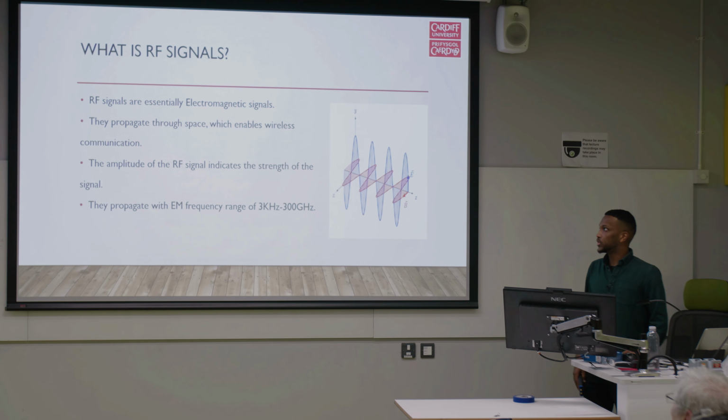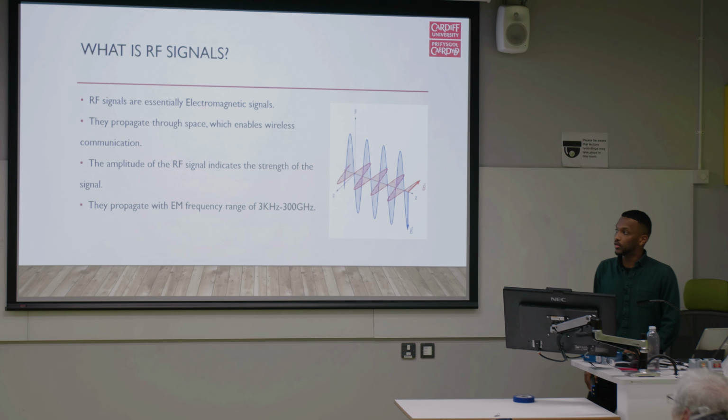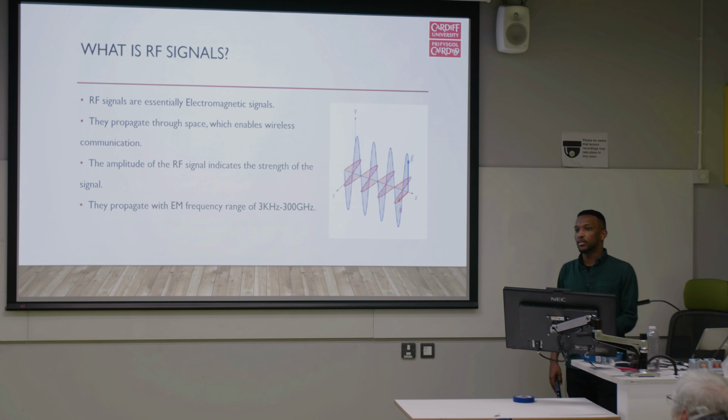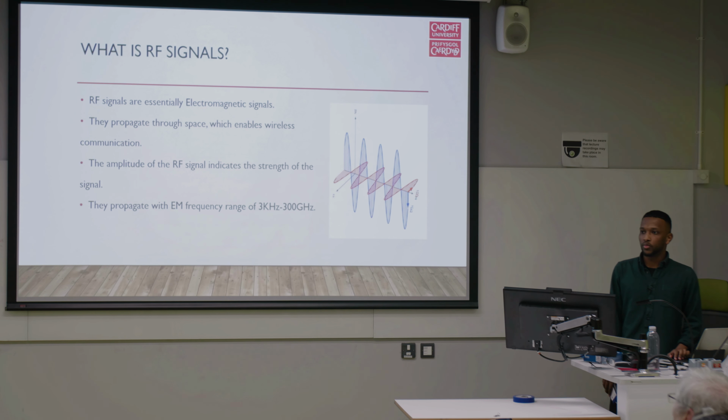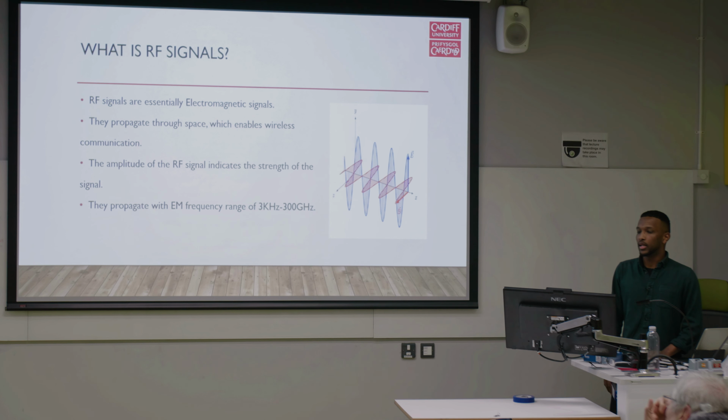As we all know, RF signals are a form of energy that can be considered as electromagnetic waves, and they can propagate either in solid-state wired communication, or they can propagate in space wirelessly, as we all use heavily in wireless communication.